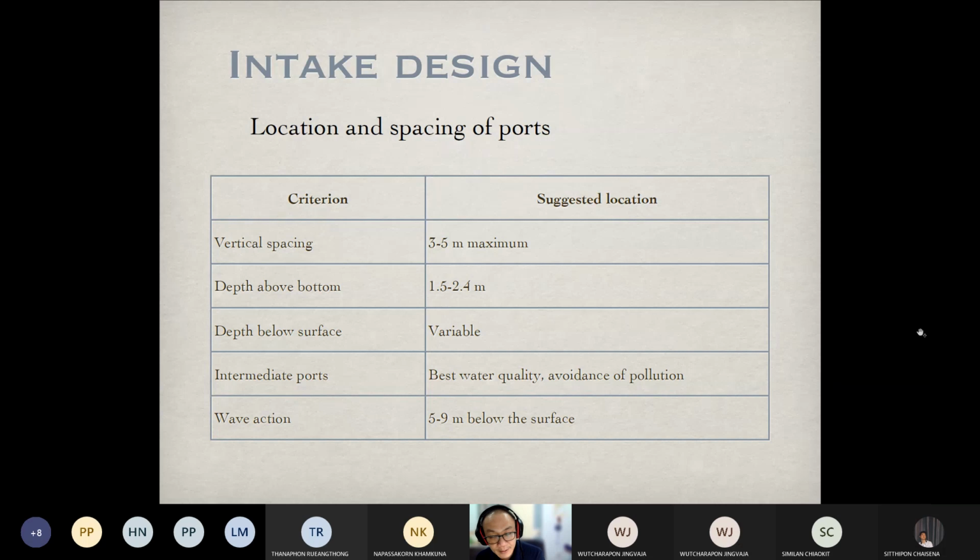Wave action. Waves can attack the structures. So we should avoid creating waves, or locations of our intake facilities should not be influenced by the wave actions. Normally, it might be like 5 to 9 meters above the surface, just in case you want to avoid the wave action.